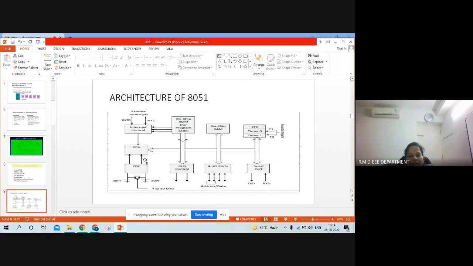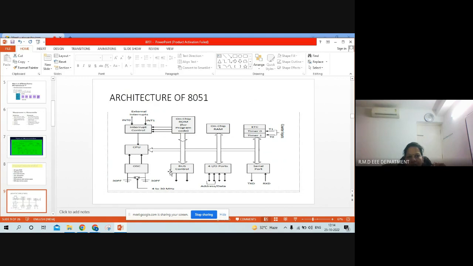Then, coming to the architecture of the 8051, it has various blocks like on-chip ROM, on-chip RAM, the timer unit, the serial port, four I/O ports, bus control, the timing and oscillator circuit, the CPU, and interrupt control.